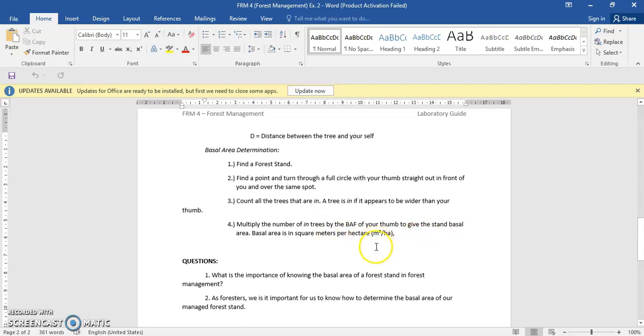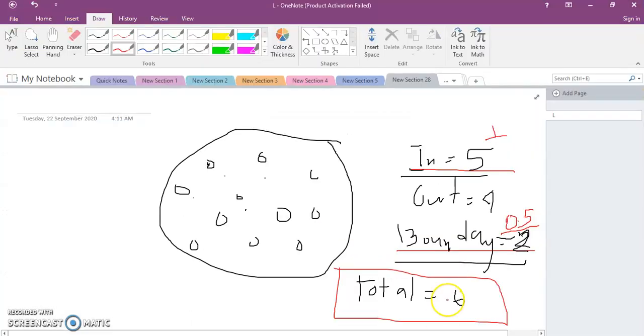So, once you identified your basal area factor, in order to determine basal area, basal area is equal to BAF times total in trees.